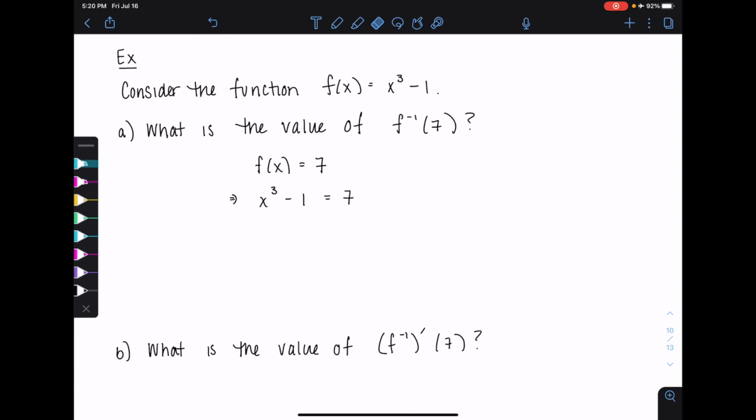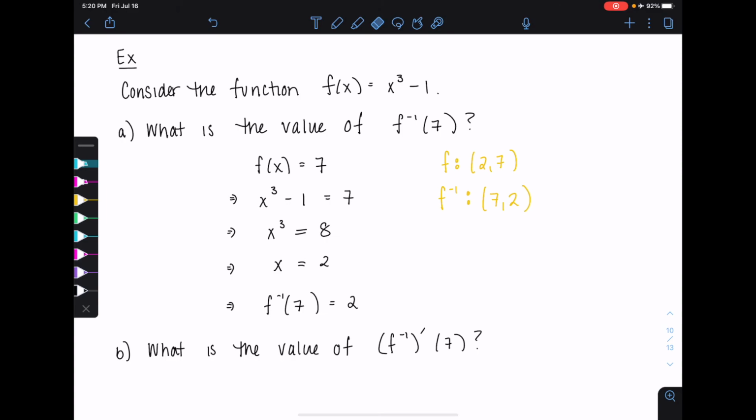That's equivalent to saying x cubed minus 1 is equal to 7. Go ahead, add 1 to the other side. If you want x cubed to equal 8, the only way that can happen is when I plug in 2. So my function f goes through the point (2, 7). My inverse is going to go through the point (7, 2). So ultimately, f inverse of 7 has an output of 2.